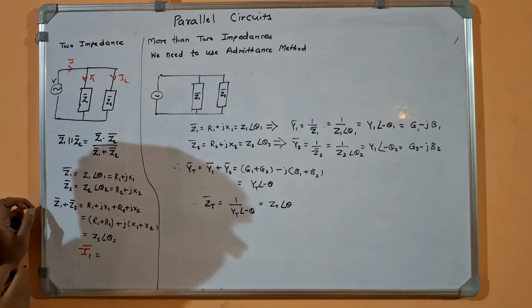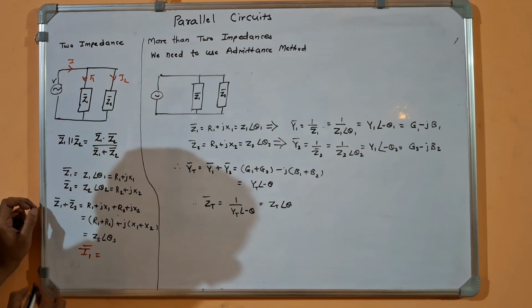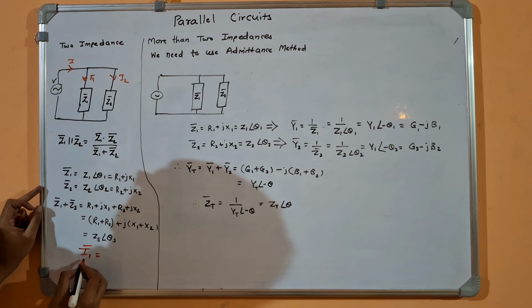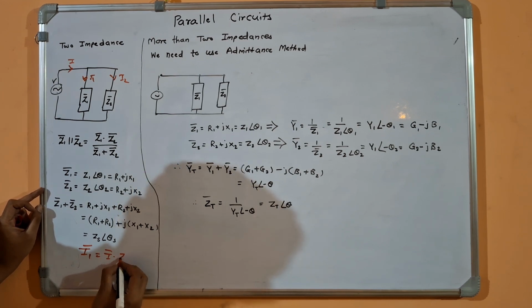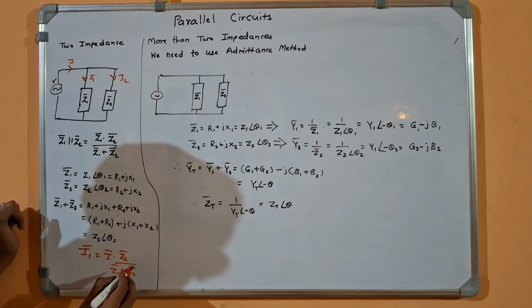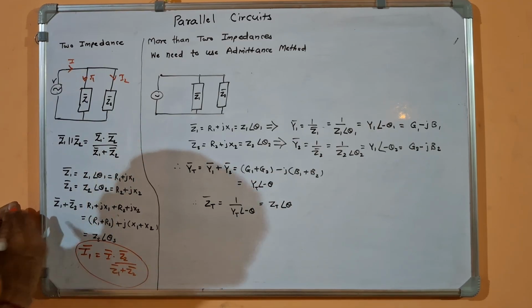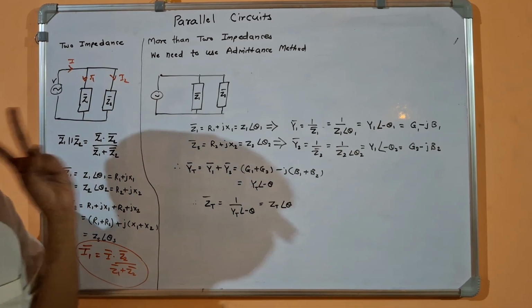So we can use a similar law here, that is the current division rule, to get I1 bar as total I in polar form into opposite branch impedance in polar form divided by Z1 bar plus Z2 bar. That is the simple thing we have to do here, but this is applicable for only two.